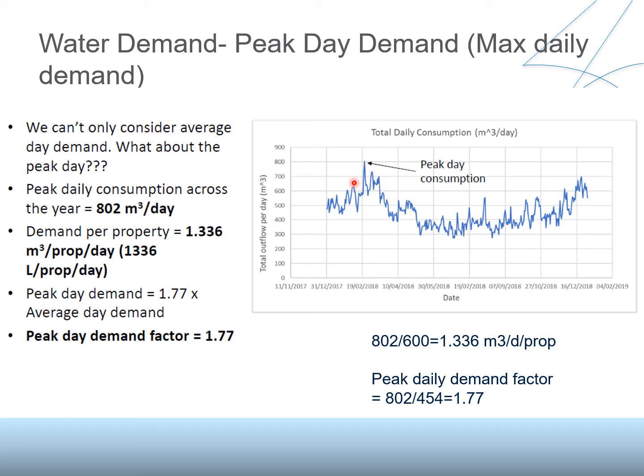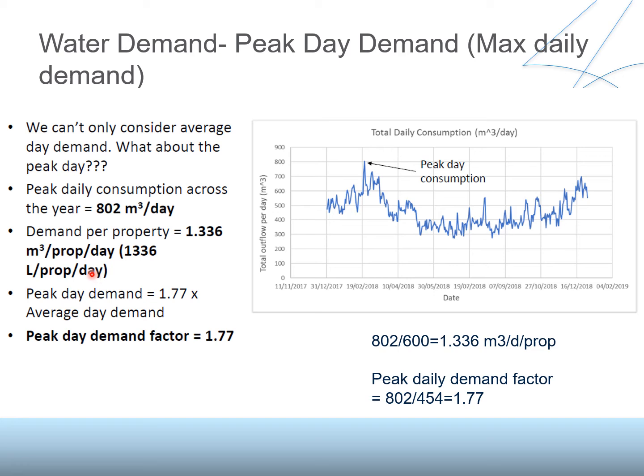So we need to think about the peak daily consumption, which is 802 meter cube per day. For the maximum daily consumption, the demand per property is 1.336, or 1336 liter per property per day.